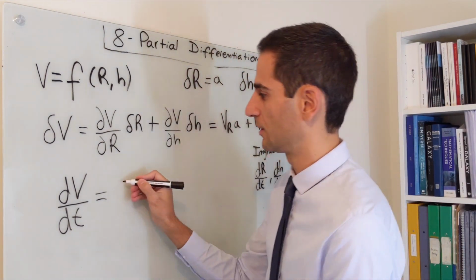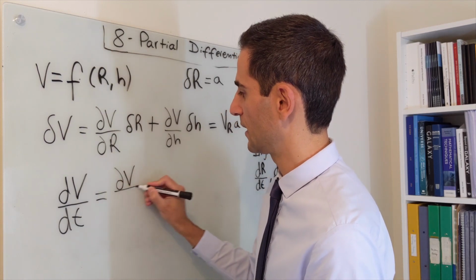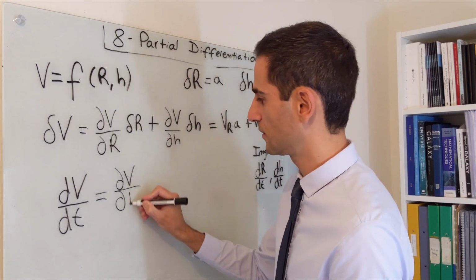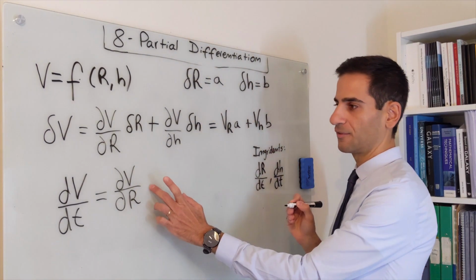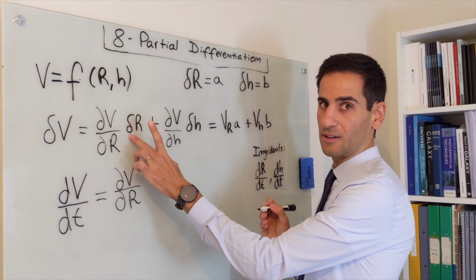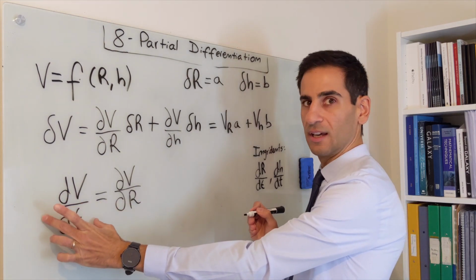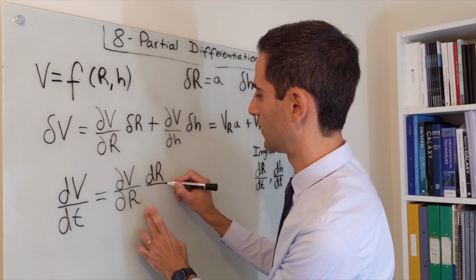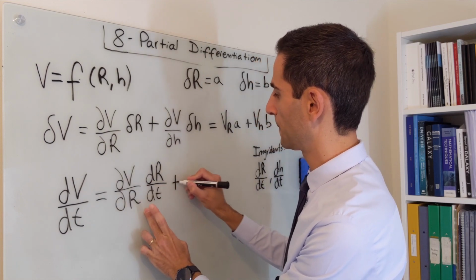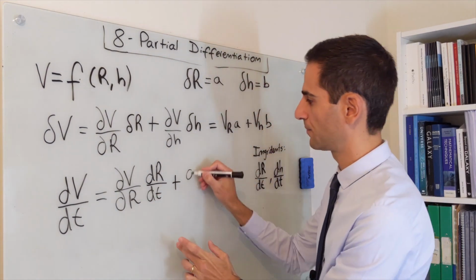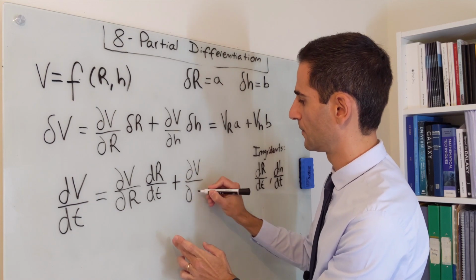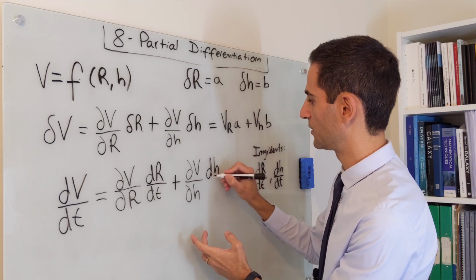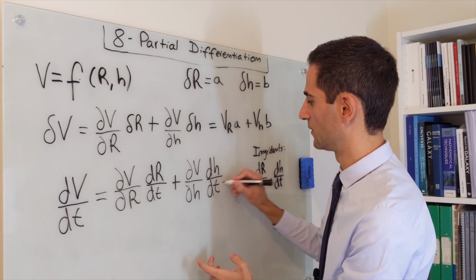You look at the partial derivatives, in this case volume in respect to radius, and instead of multiplying by the change in R, in this case, because you're looking at rates of change, you're multiplying by the rate of change of R in respect to time, and then you do the same for the height, and you multiply by the change of height in respect to time.